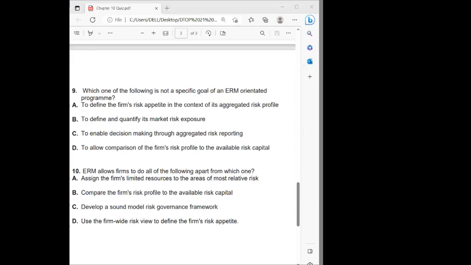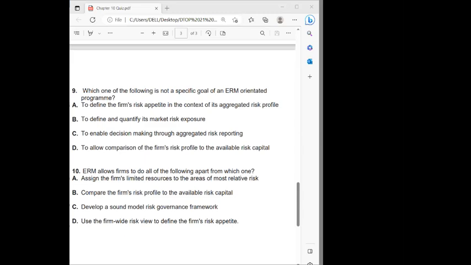To define the firm's risk appetite in the context of its aggregated risk profile, to define and quantify its market risk exposure, to enable decision-making through aggregated risk reporting, to allow comparison of the firm's risk profile to the available risk capital. Again, this is not a difficult one, but somewhat tricky also.